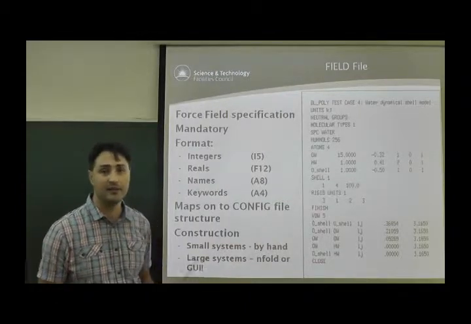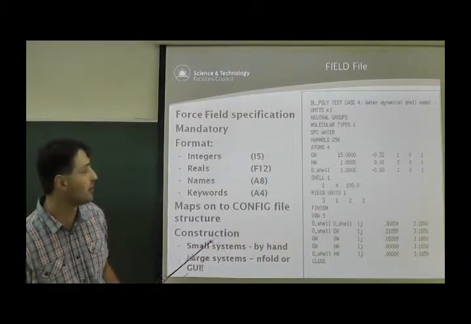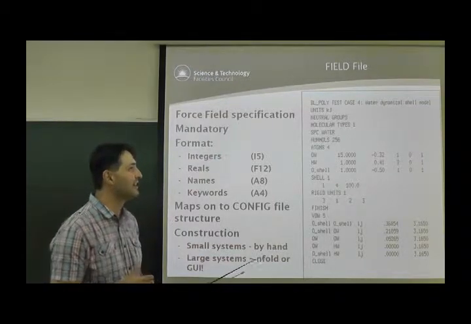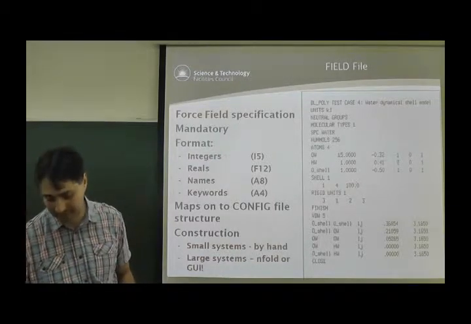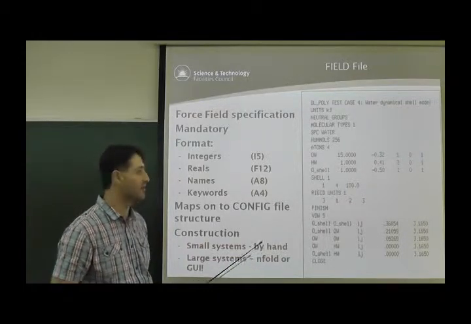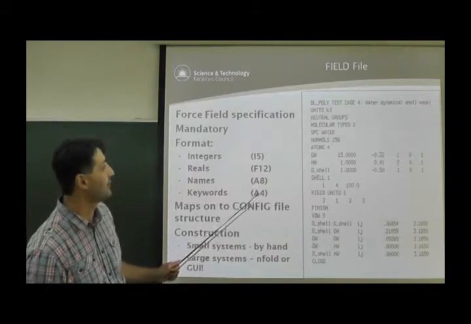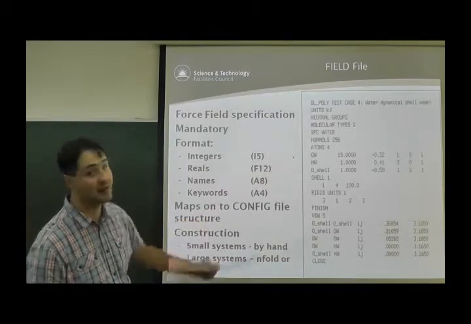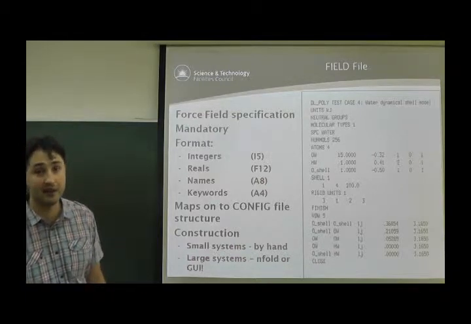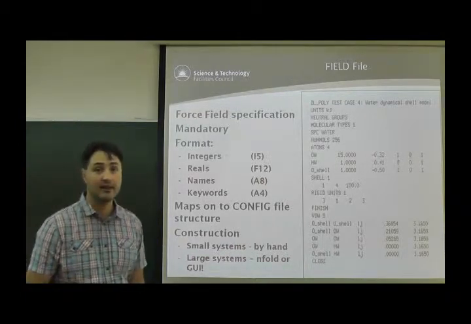So the FIELD file, which of course is probably the most complicated file with the largest number of possible keywords, however very simple in nature, is the one that contains the force field and contains something about the physical, chemical nature of particles, how they interact.